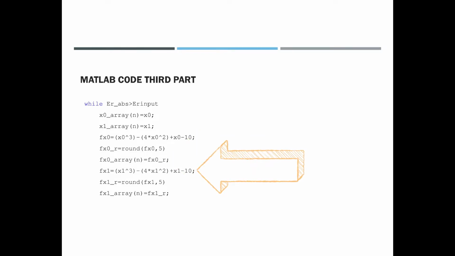This will compute for the value of f of x sub 1 using the current value of x sub 1. This will round off the value of f of x sub 1 to 5 decimal places. This will save the rounded off value of f of x sub 1 as the nth element of the f of x sub 1 array.